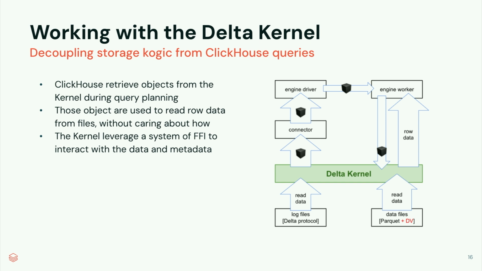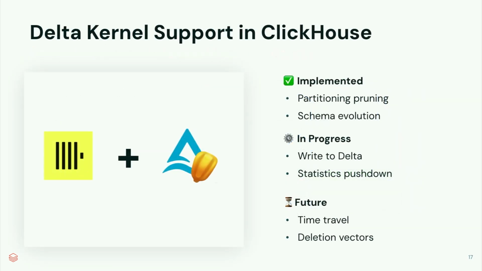So you can see the Delta Kernel as providing us a black box, with a way for us to iterate on this black box and get the expected result. So we integrated with the Delta Kernel, and it helped us a lot to develop the integration with Delta Lake, because historically it was developed by the community, but now with all this evolution of the Delta protocol, we need to start maintaining it.